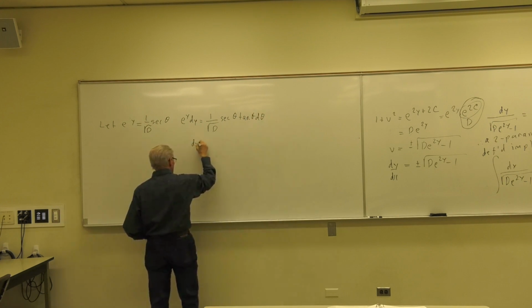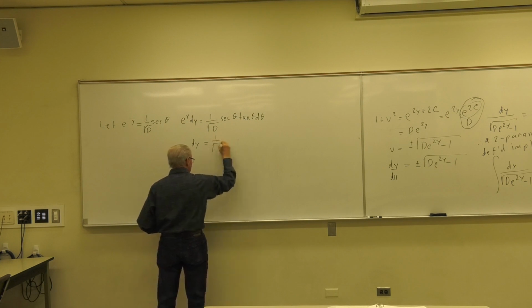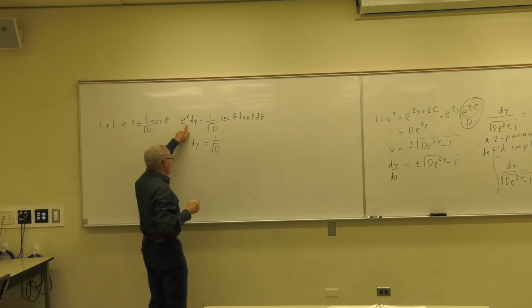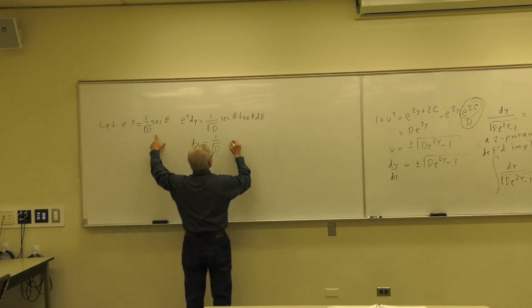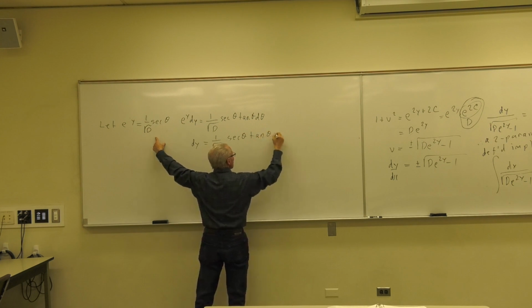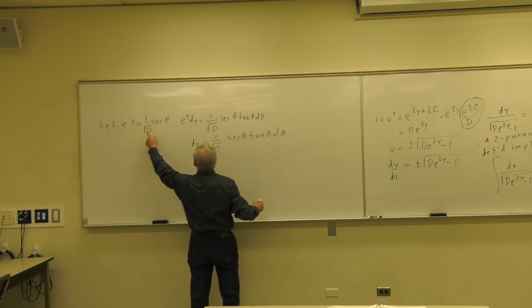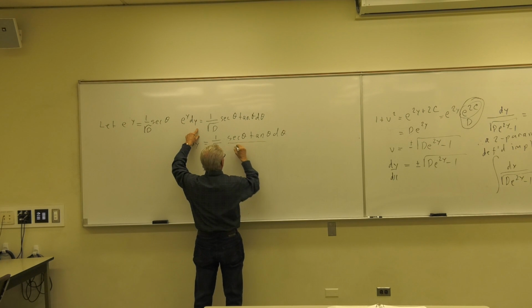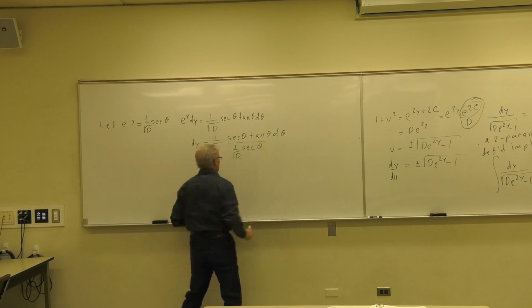Or dy is equal to 1 over root d. I take this over, and what, e to the y? That's that thing. So we got sec theta tan theta d theta, and e to the y, put that in the bottom, 1 over root d secant of theta.